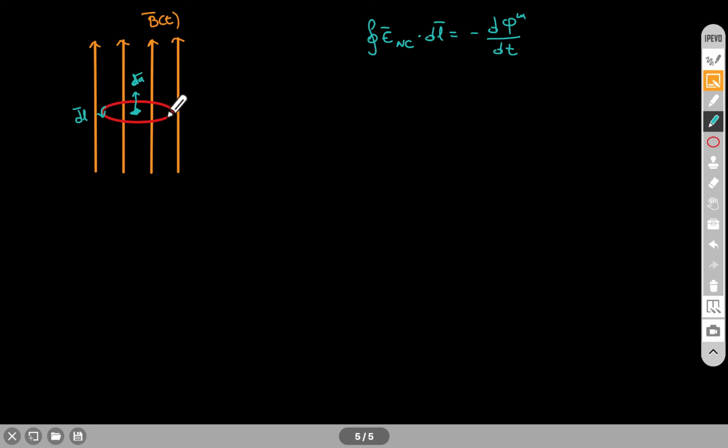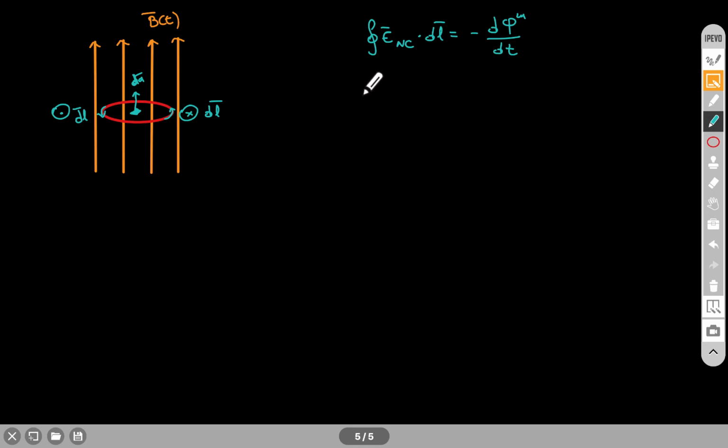At this point, dl is going away from us, so dl will go into the page, whereas if you look at it at this point, dl is going out of the page. This is how I apply the right-hand rule on Faraday's law. The way that I do the path integral is consistent with what I will use for dA in the area integral for the flux.